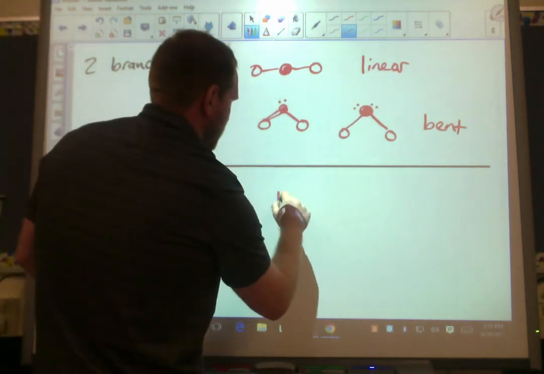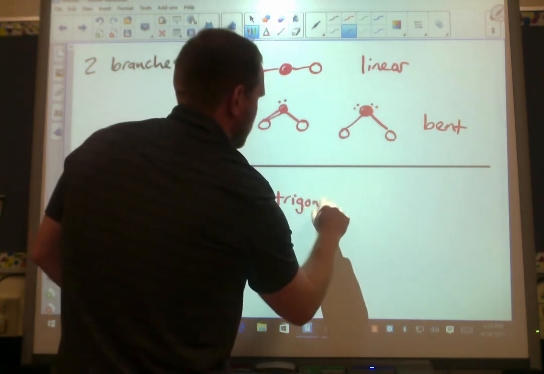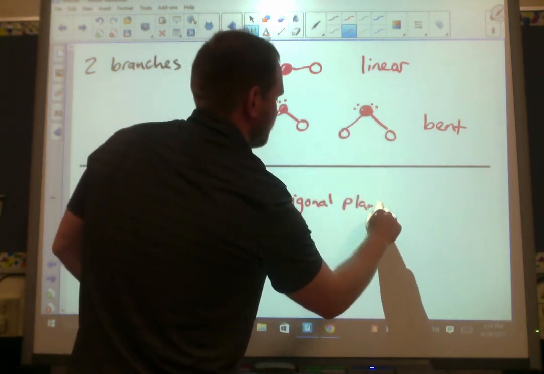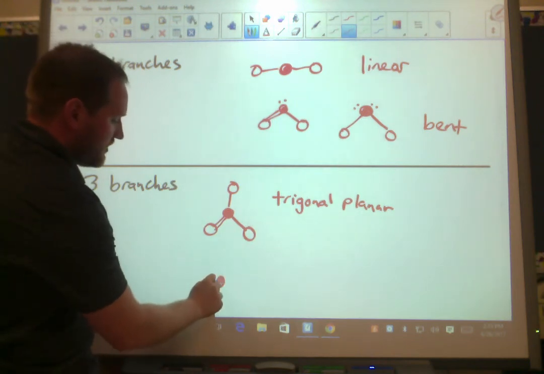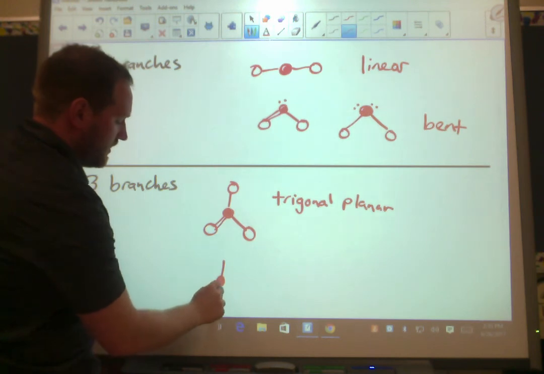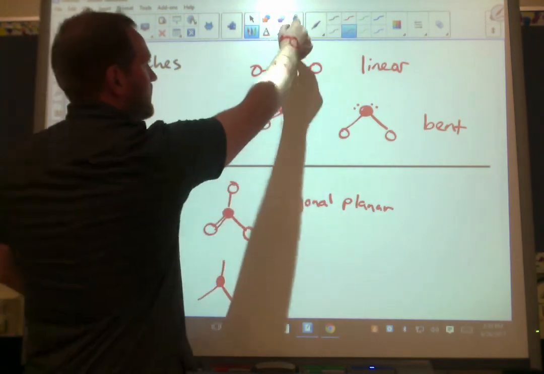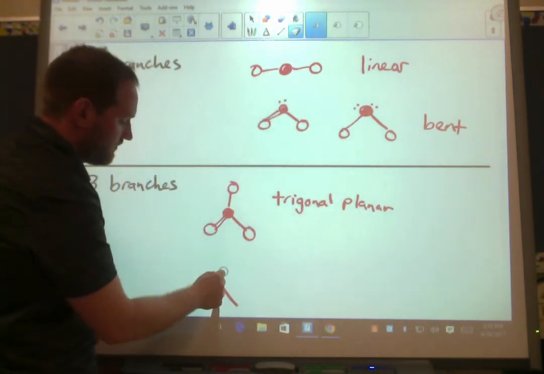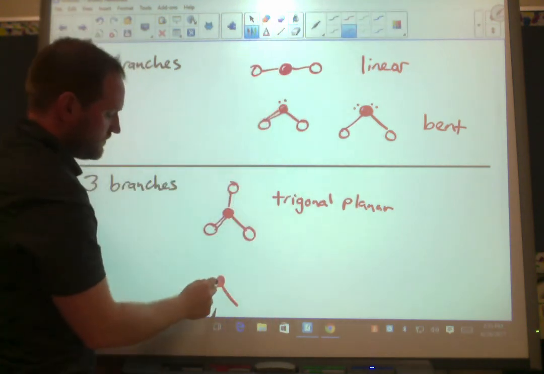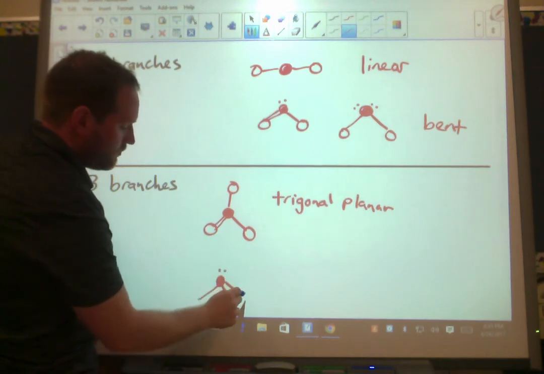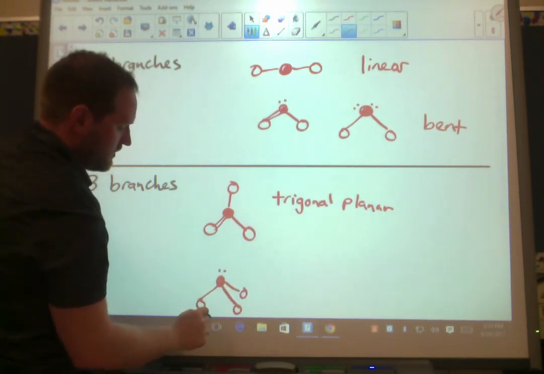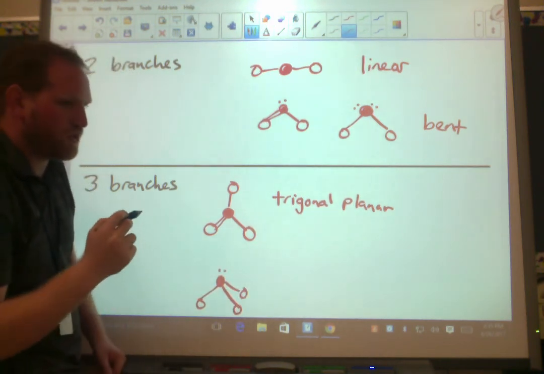This is trigonal planar. Or you can have a central atom with single bond, single bond, single bond. I'm drawing this wrong. I'm trying to represent it 3-dimensionally. Single bond, single bond, single bond, and a lone pair. This is trigonal pyramidal.